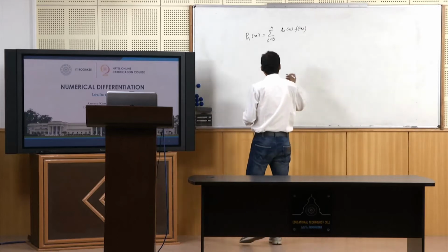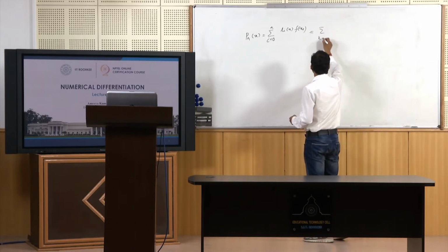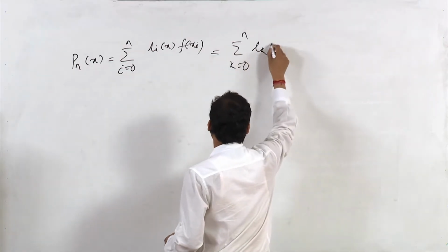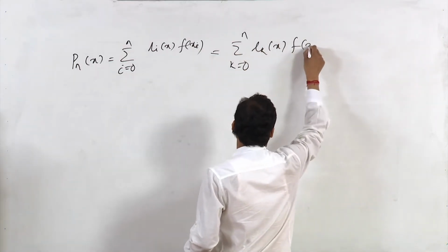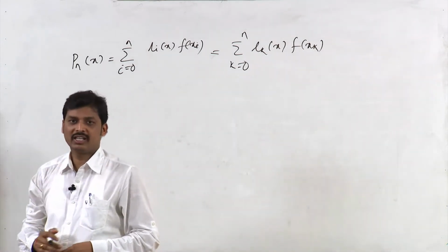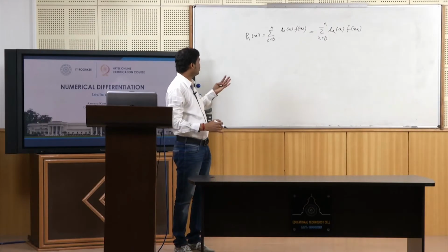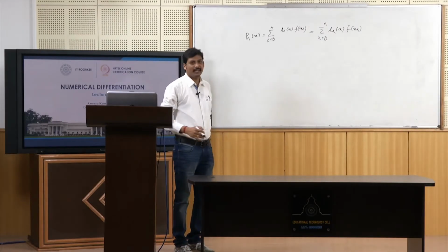Or sometimes, for our convenience, we write k equals 0 to n Lk(x) f(xk) also, where this Lk(x) is called the Lagrangian coefficient, and if it is interpolating with a polynomial then it is called Pn(x) here.